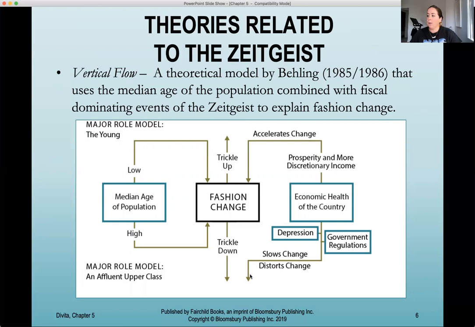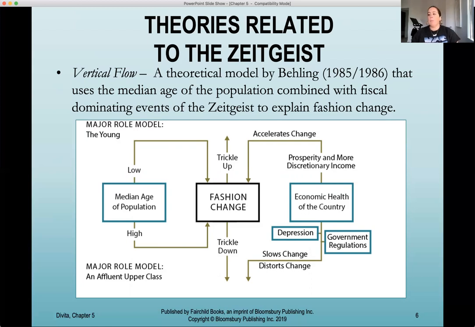So when we have a bad economic state of the country and we also have a high median age of population, we typically have a slower change in the industry, right? So people are slower to adopt trends, people are slower to actually purchase and use different ideas that are coming out.